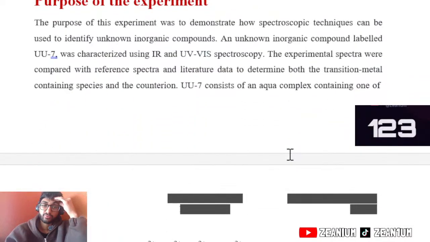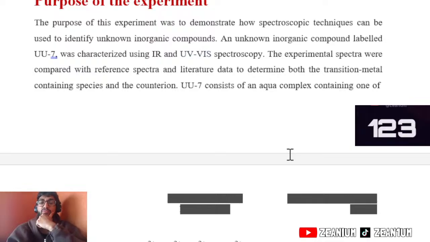The purpose of the experiment was to demonstrate how spectroscopic techniques can be used to identify unknown inorganic compounds. An unknown inorganic compound labeled U7 was characterized using IR and UV spectroscopy. The experimental spectra were compared with reference spectra and literature data to determine both the transition metal containing species and counter ion.